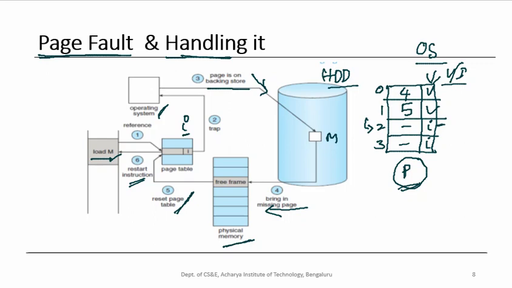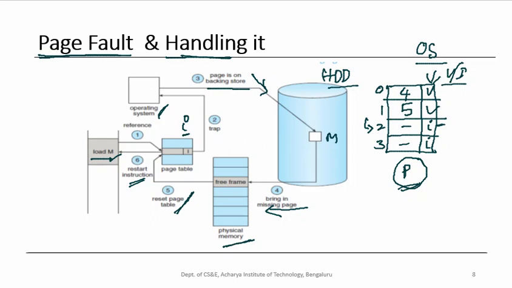The ISR checks for that particular page in the hard disk, and when it locates it, the page is loaded into one of the free frames. Our assumption here is that a free frame is available in the main memory. After that, the corresponding entry is made in the page table and the execution of the process is restarted.